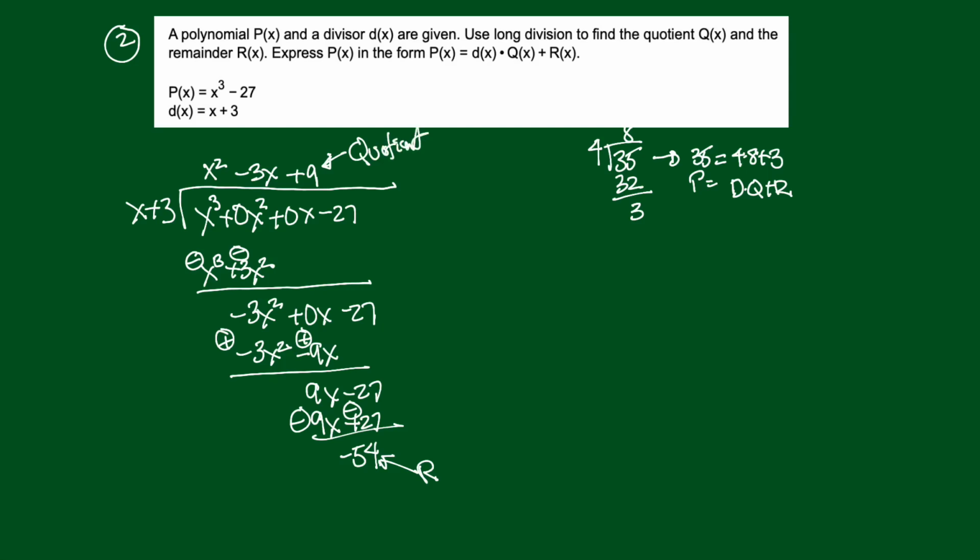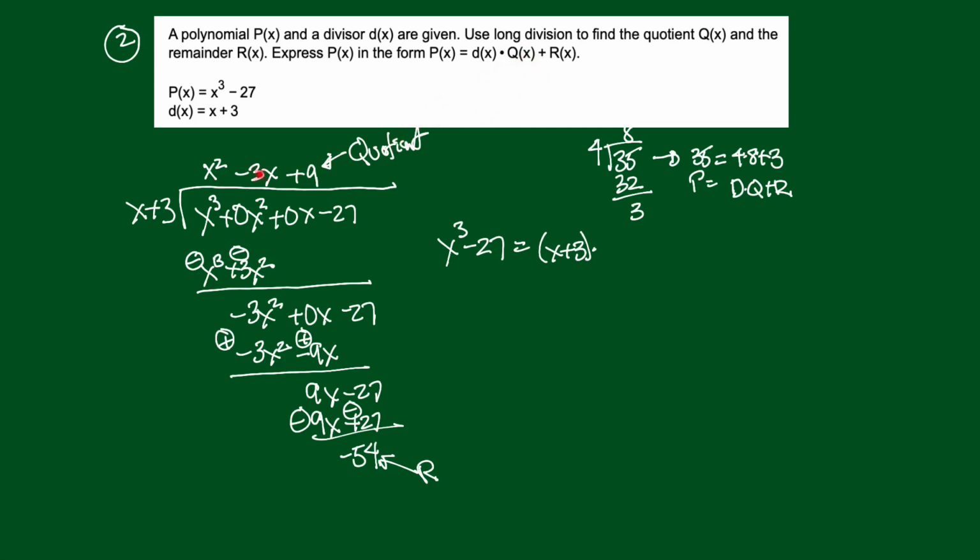So here's what we have. The polynomial x cubed minus 27 is equal to, now look at the form they want up here. The polynomial is equal to the divisor. Now our divisor is x plus 3, times the quotient.